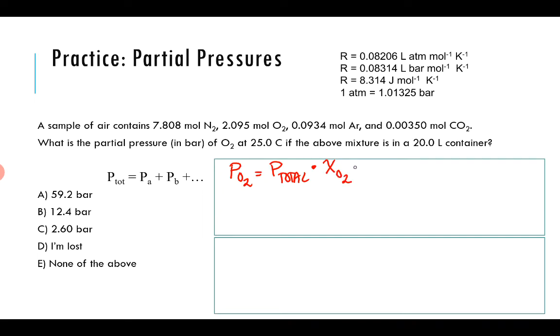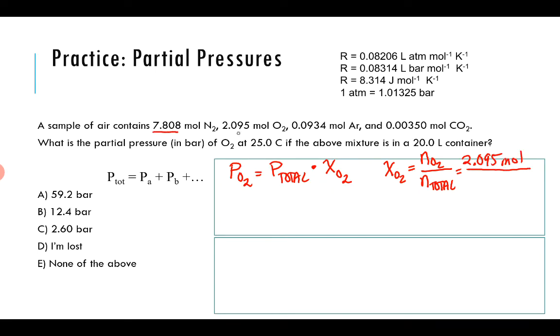And so my mole fraction of O2 is equal to my moles of O2 divided by my total number of moles. And so that is equal to 2.095 moles divided by my total moles.